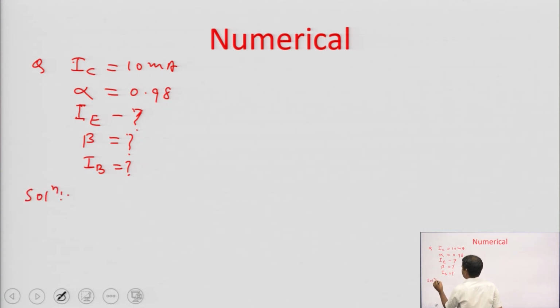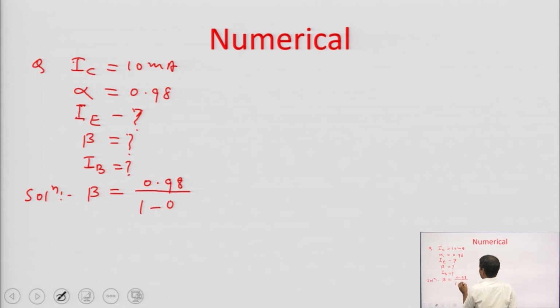Now, solution. First of all, if alpha is equal to 0.98, then what will be the value of beta? Beta is equal to alpha upon 1 minus alpha, that is 0.98 upon 1 minus 0.98, and this is equal to 49. Now, what will be the value of IE?